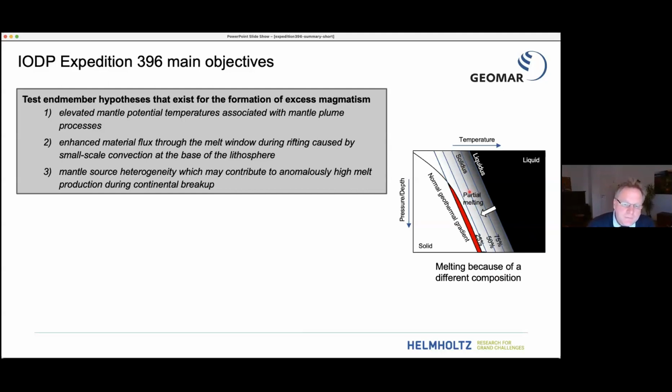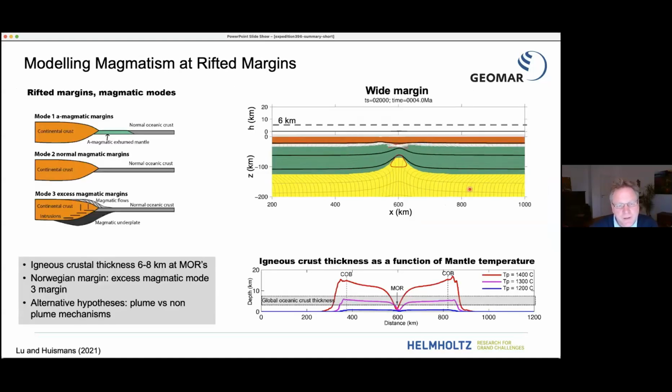So we have these 3 options, and trying to understand how that works and what happens in detail over time is the big puzzle that has to be solved. Providing new information on these different parameters was one of the main objectives.